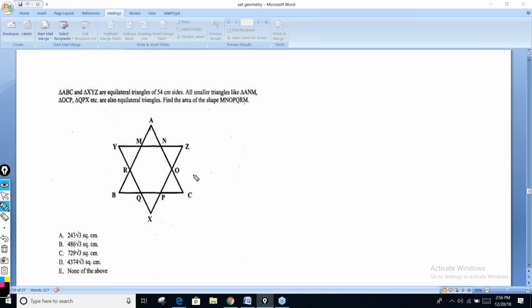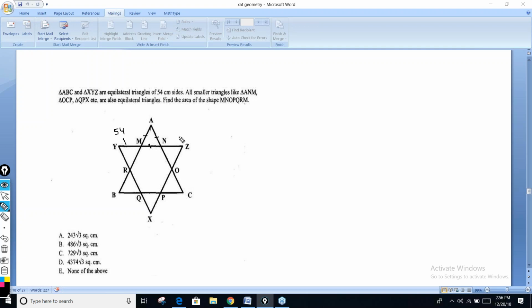Second question. Triangle ABC and triangle XYZ are equilateral triangles of 54 centimeter side. This side is given as 54 centimeter, the bigger side. All the smaller triangles are also equilateral triangles. So if they are equilateral triangles, these three sides have to be equal. All the triangles are equilateral triangles.